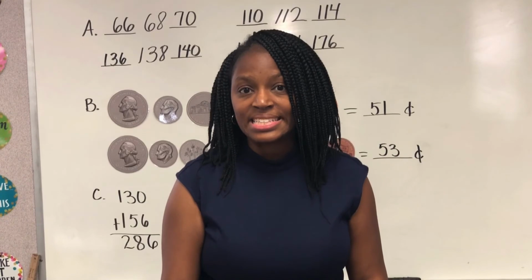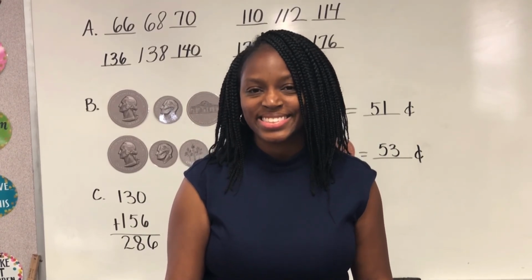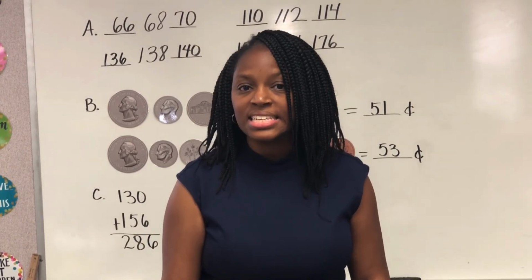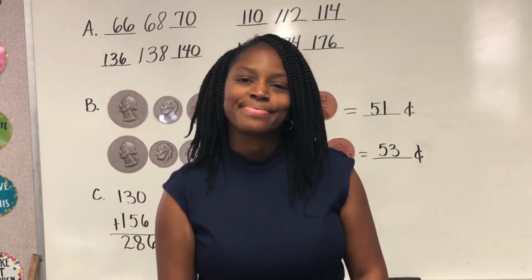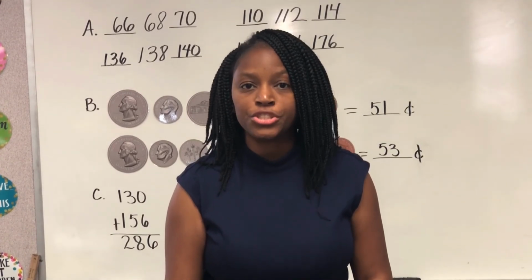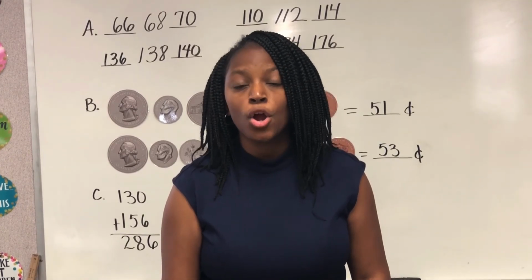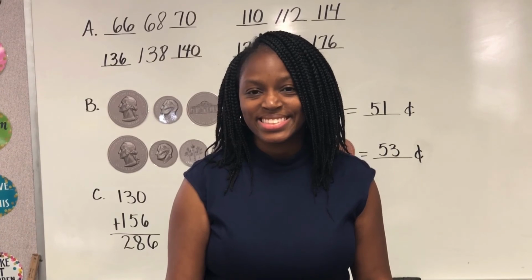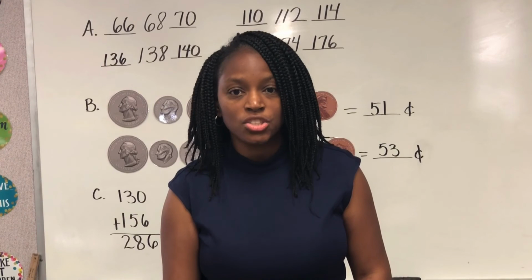How many tens are in the number 48? There are 4 tens in a number 48. 102. How many tens are in a number 102? There are 0 tens in 102.